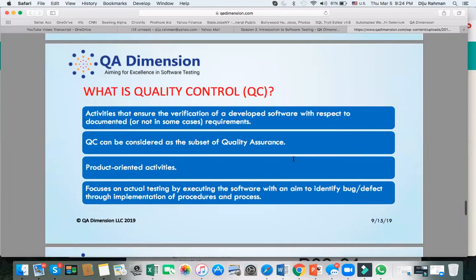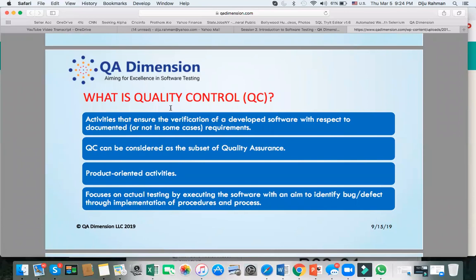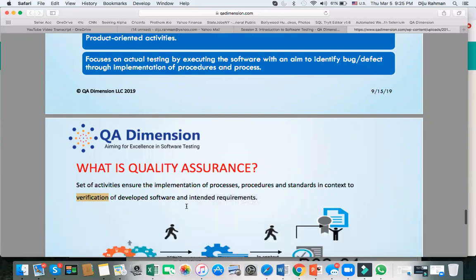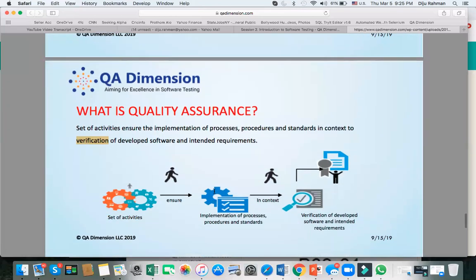You can only find out whether you meet the standard by performing quality control to see if it is matching or not. This is in the context of verification, which means making sure the developed software matches the system requirement and business requirement, the intended requirement. All the steps and activities you perform in accordance with the business requirement and software requirement, this whole process is called quality assurance. Make sense?